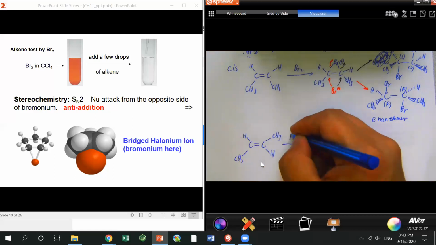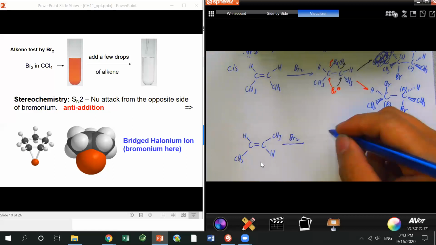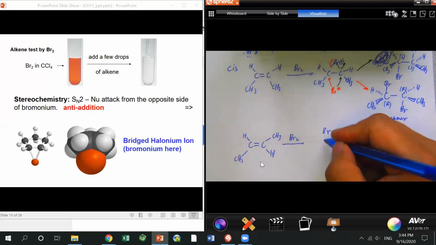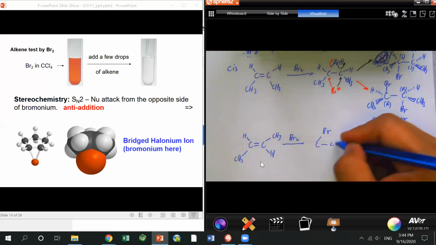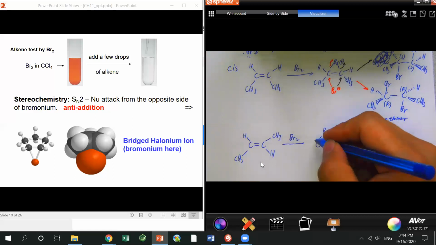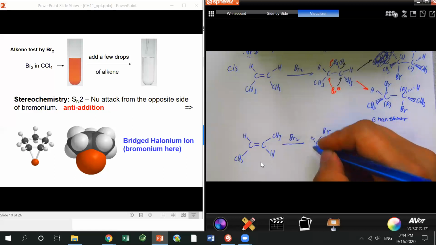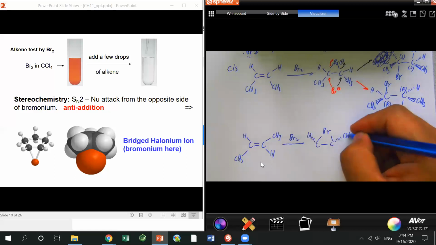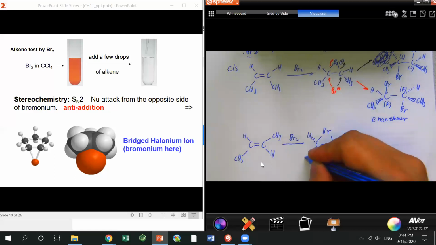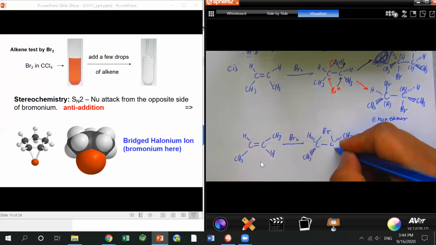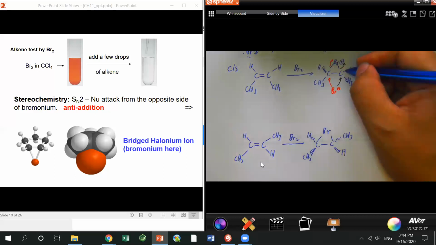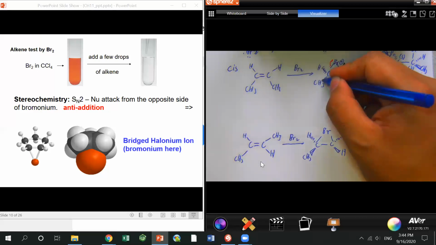Similar thing, we generate the intermediate triangle. And here we can start with the dash bond and also the wedge bond, either wedge here and dash here.